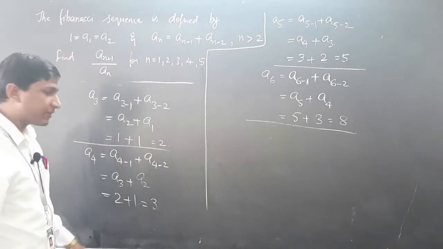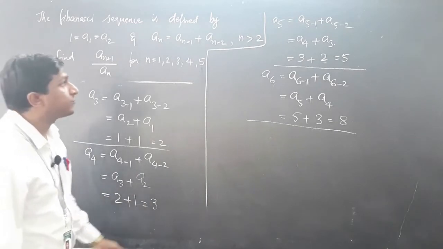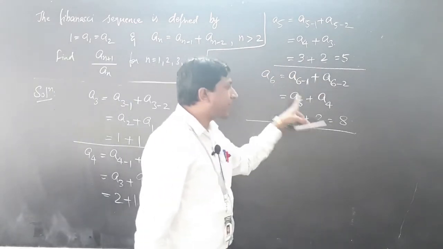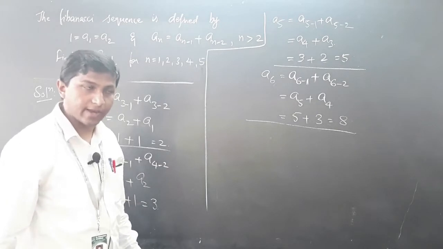The third term we calculated to be 2, the fourth term is 3, the fifth term is 5 and the sixth term is 8.